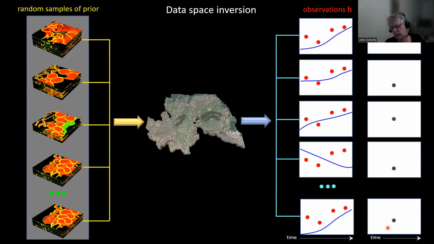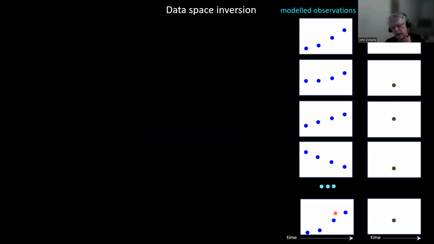Now, let's recognize the fact that we've got some field data. Let's look at the model-generated counterparts to that field data in blue. Now, let's throw away the model, throw away the data just for the moment. So what we're going to do here is a kind of machine learning, but a very, very clever model-informed machine learning.